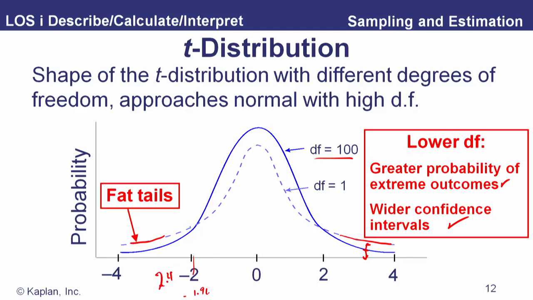And so we'd have a confidence interval just a little bit wider. Remember, for a 95% confidence interval, we want to leave 2.5% in each tail. So these tails have to get smaller because we have those fat tails.